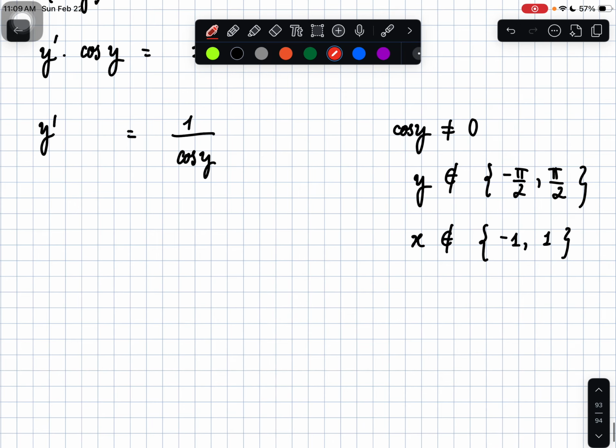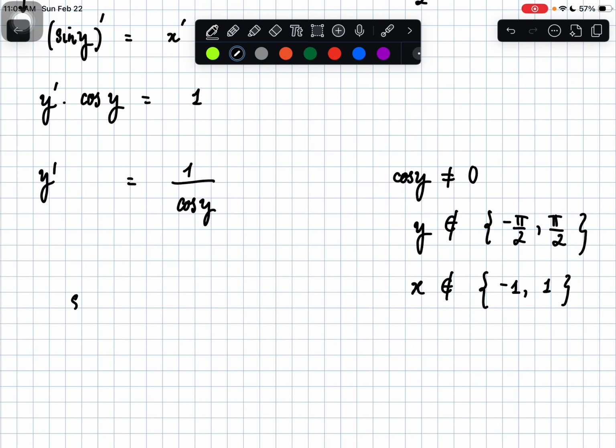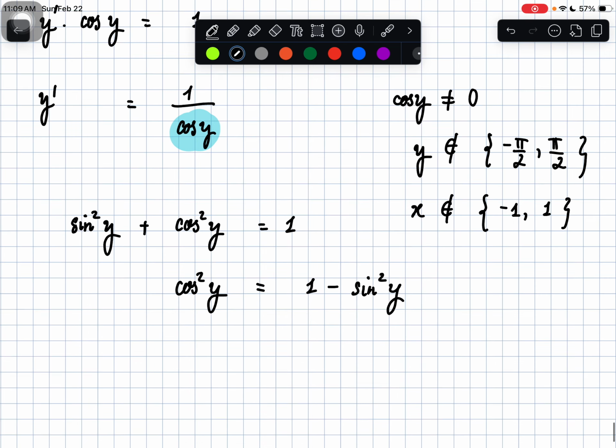Now you have y prime equal to 1 over cosine of y. For cosine of y, we have this formula: sine square of y plus cosine square of y equals 1. So you can write cosine in terms of sine: cosine square of y equals 1 minus sine square of y. I can take the square root of both sides.